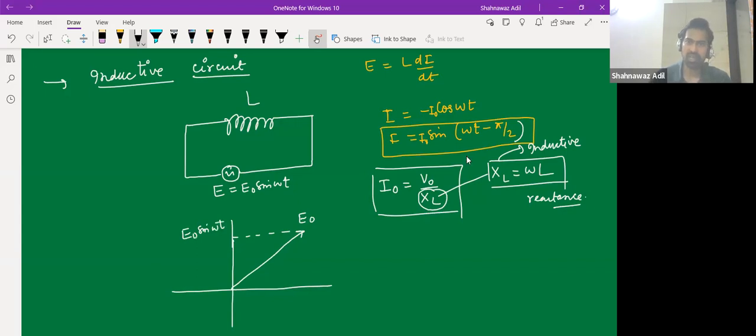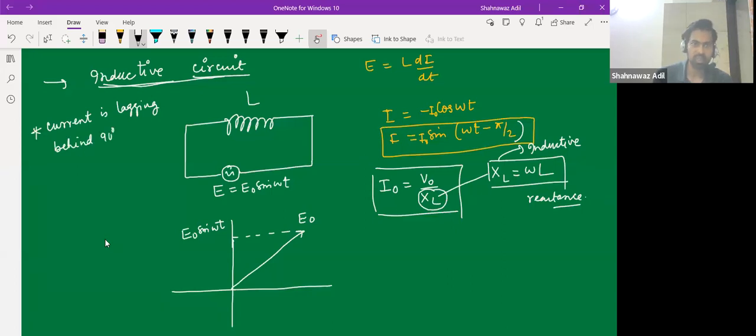Now you can see that this current is lagging behind by 90 degrees. So in inductive circuit, current is lagging behind 90 degrees.